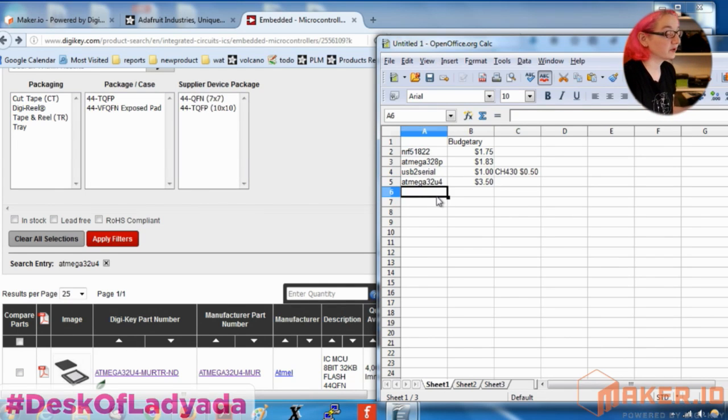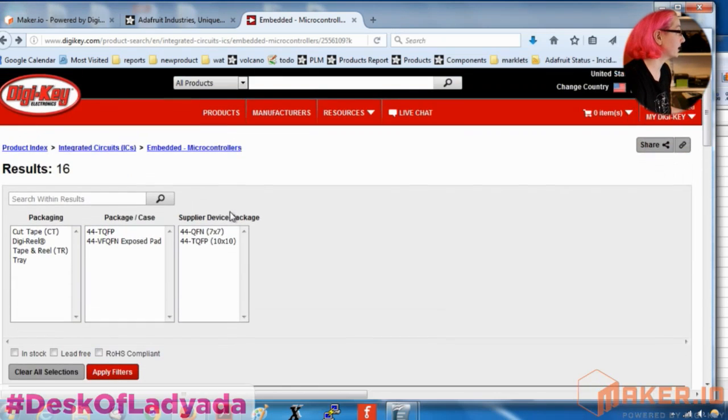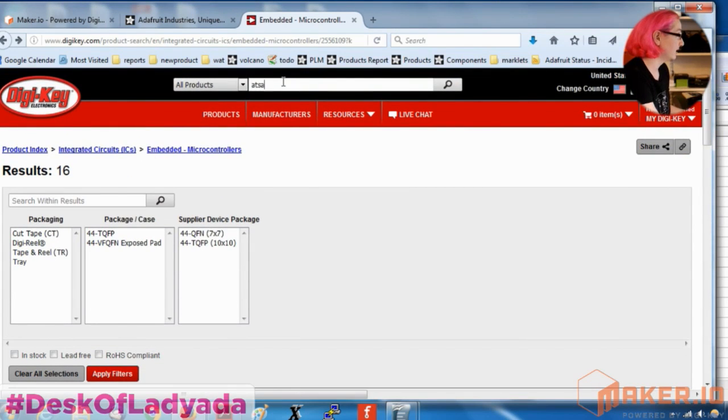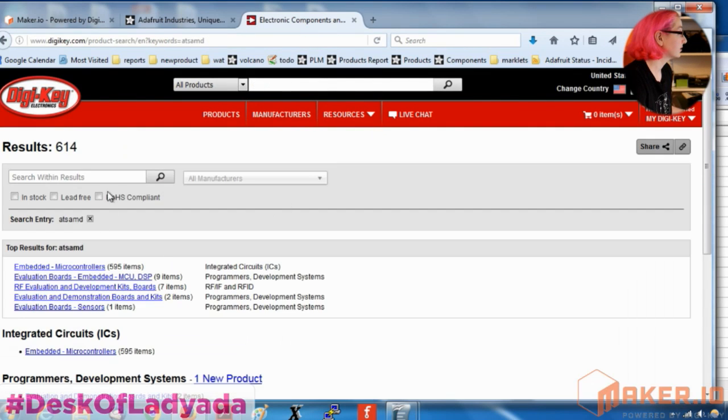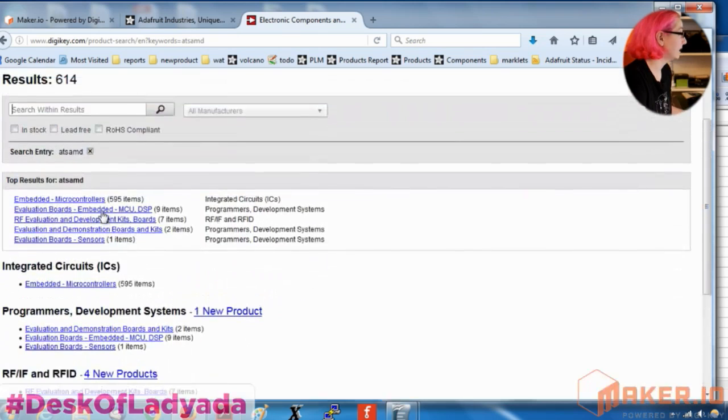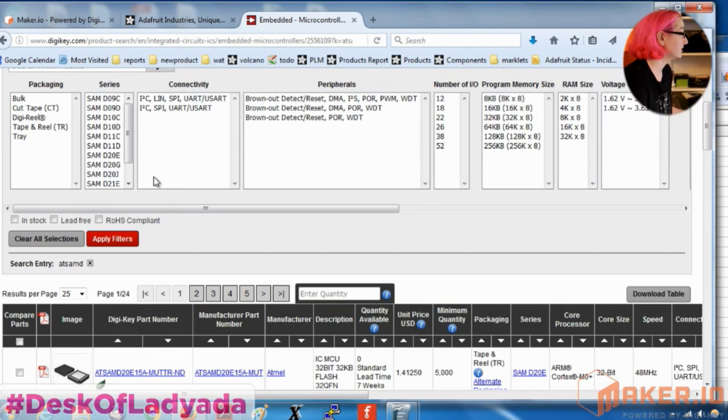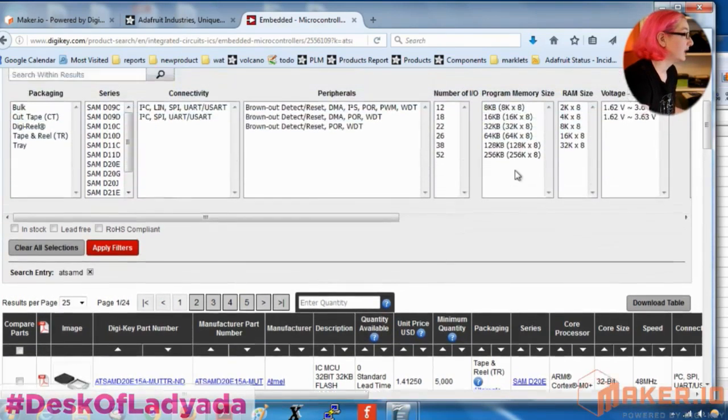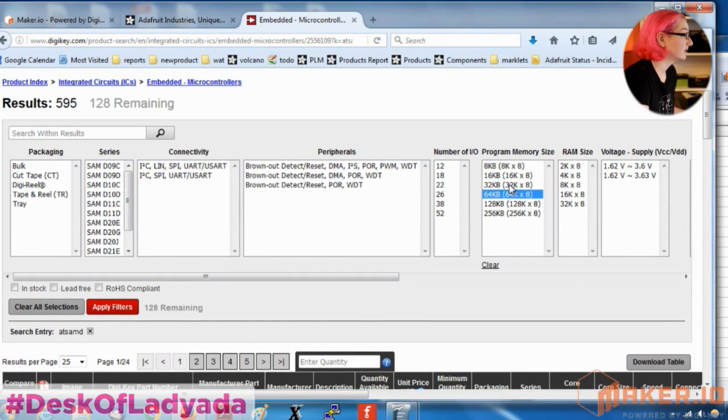There's also a couple other chips that are Arduino compatible that I thought about briefly, for example the AT-SAMD series from Atmel. This also has USB. There's a huge family of them, with multiple variations on size, and I want one that has at least 64K.